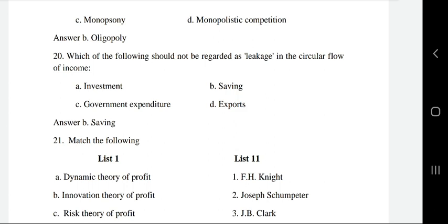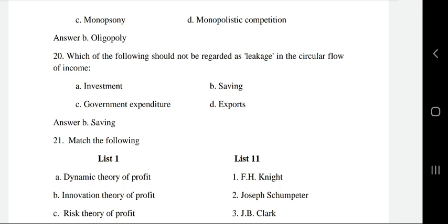Mainly there are three leakages: savings, taxes and imports. These are termed leakages because they leak out of the core circular flow of consumption, production and income. So here the answer is savings.